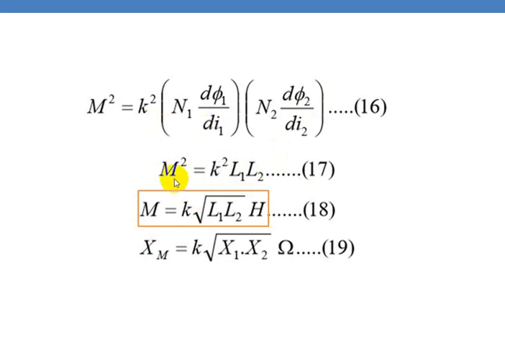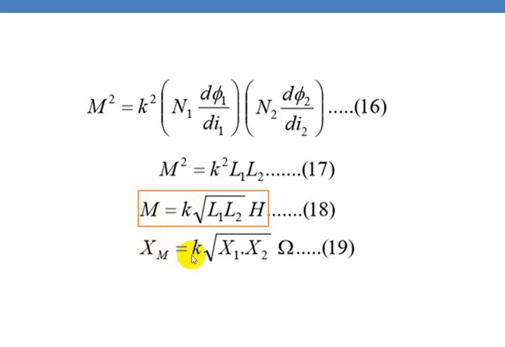Now from this equation, M becomes k into under root of L1 into L2, and the unit is inductance. So M is called mutual inductance, and it is in terms of the coefficient of coupling and the inductance of the coils. Let Xm be the reactance of mutual inductance.